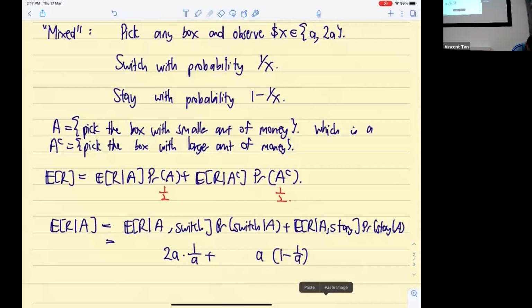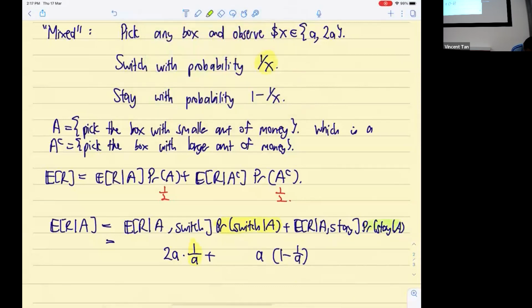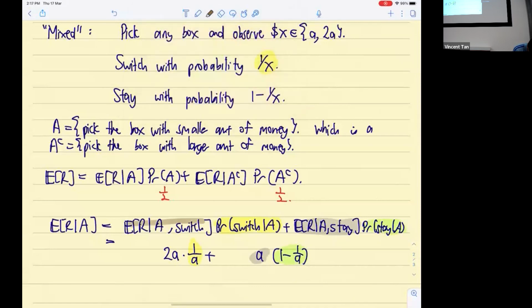Now we have the box with A dollars. The Vincent algorithm is we switch with probability 1 over A, and we stay with probability 1 minus 1 over A. If we stay, we earn only A. But if we switch, we're very happy because we get the box with more money, which is 2A.